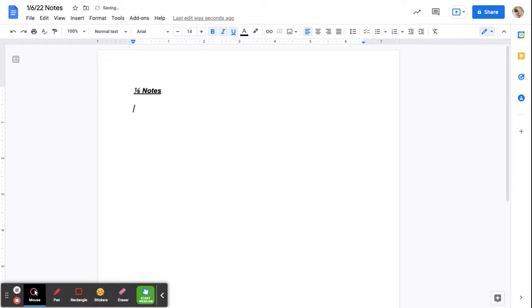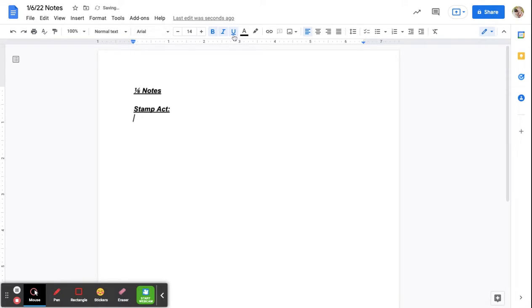So the first set of notes that we're going to go over here are the Stamp Act. Okay. So the Stamp Act we've talked about previously, and we know that the Stamp Act was passed in 1765 in order to raise money following the French and Indian War.